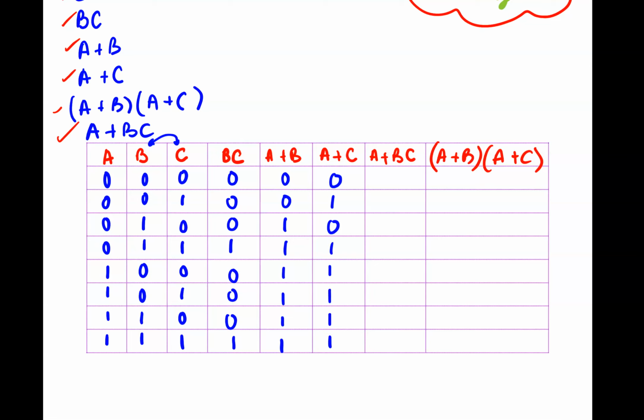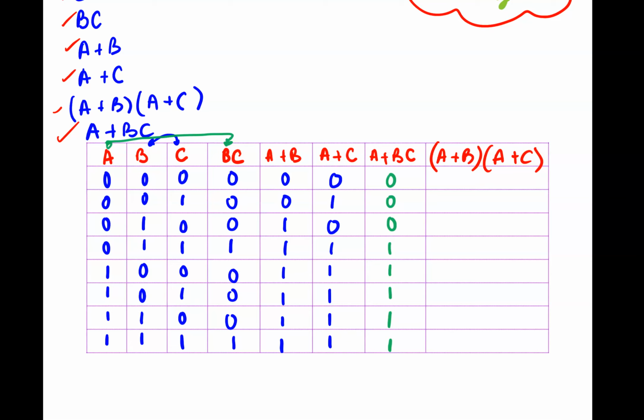Okay, now A plus BC, it means that I take a look at this column and this column. Okay, so I should make sure that I trace the correct columns. A plus BC. So with A plus BC, I should have 0, 0, 0, and the rest of them should be 1.